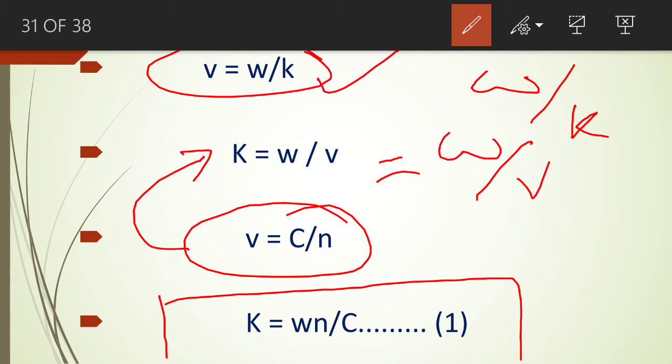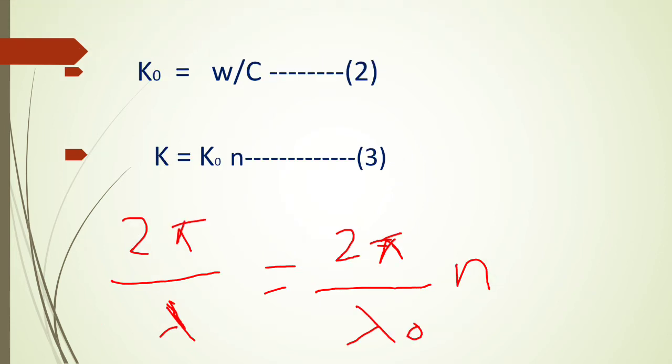So we can calculate the phase constant of the electromagnetic wave in any medium with the help of the angular frequency of the wave, the refractive index of the medium, and c, which is the speed of light in free space. So we can calculate the phase constant with the help of equation number 1 as well.